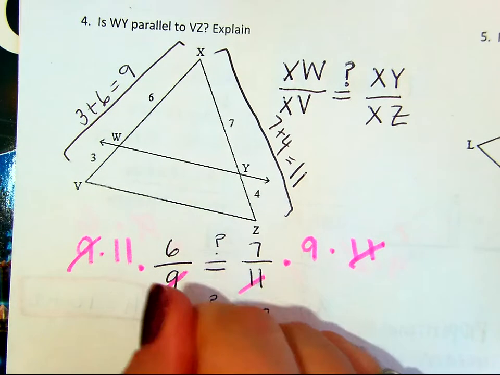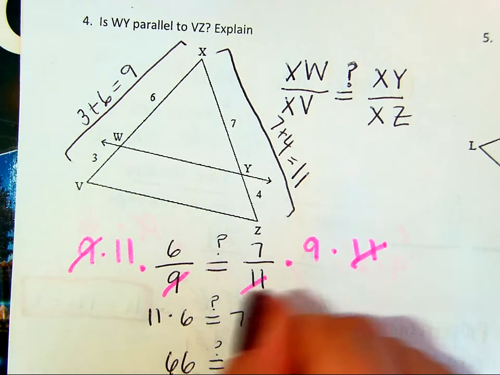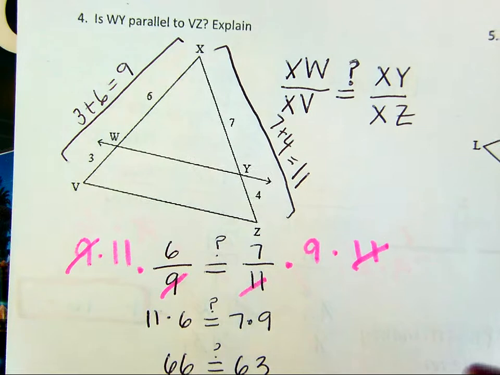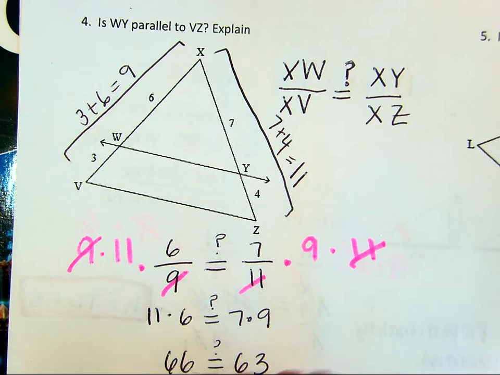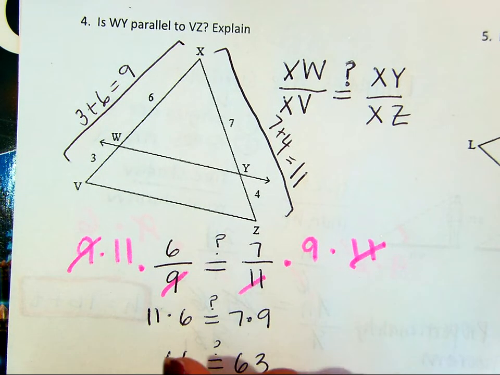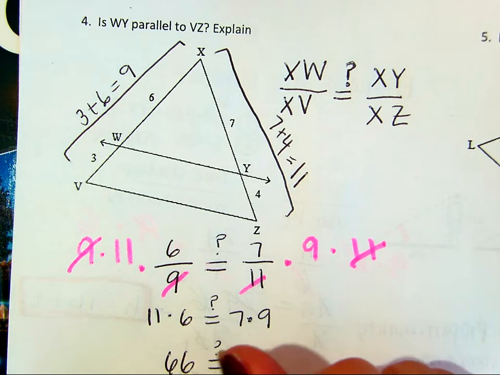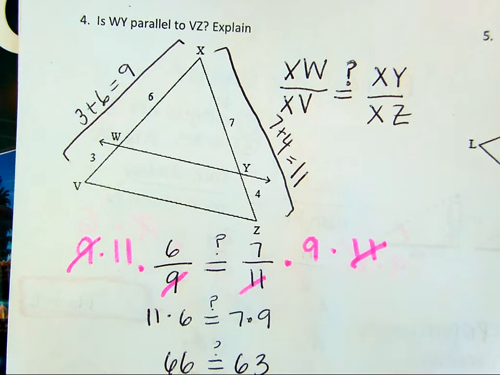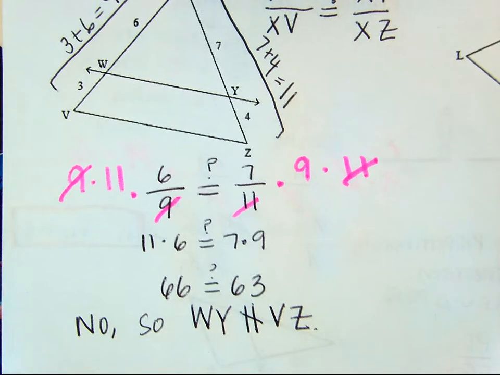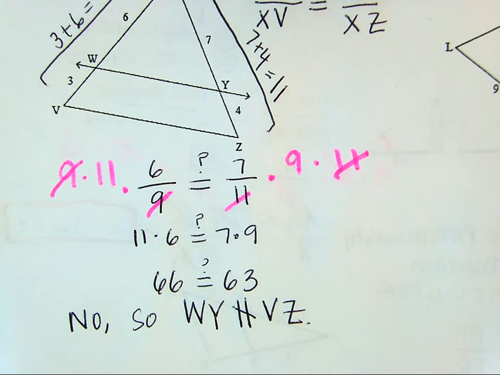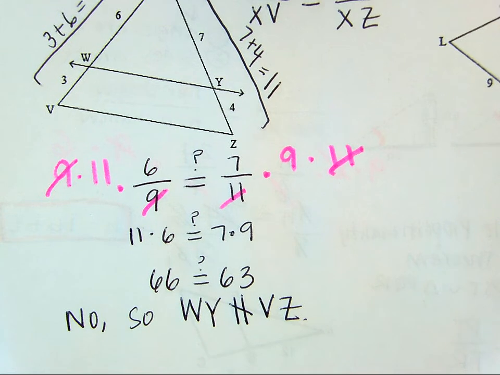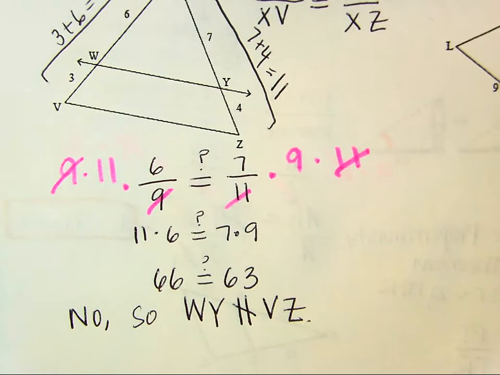So I have, is 66 equal to 63? And that's, no, they're not equal. So WY is not parallel to VZ. Why? Because the proportions aren't equal to each other. So I'll have you guys work on 5 to practice.